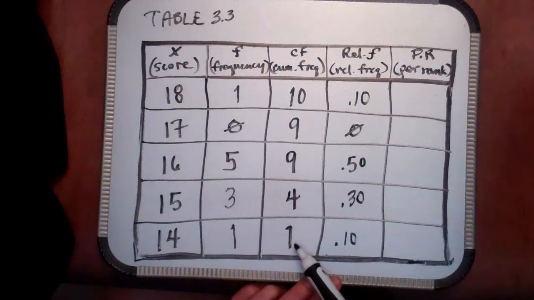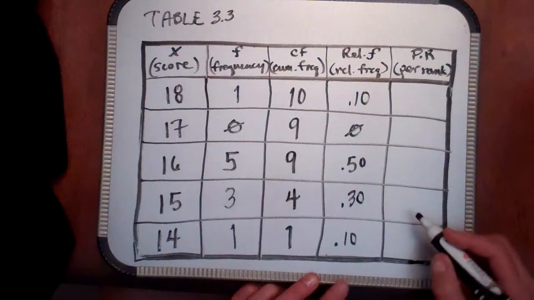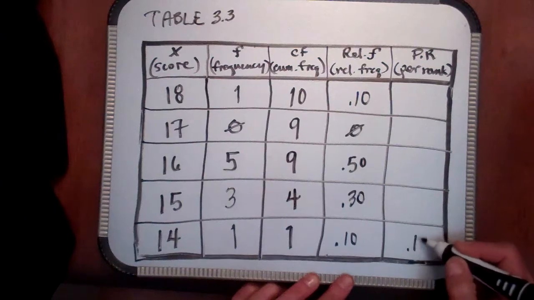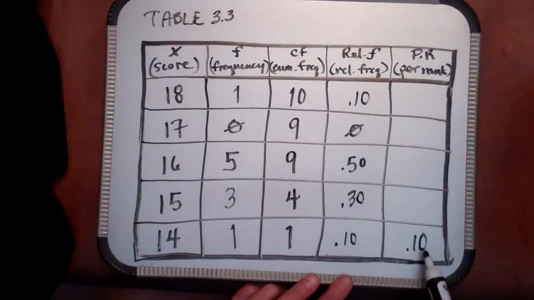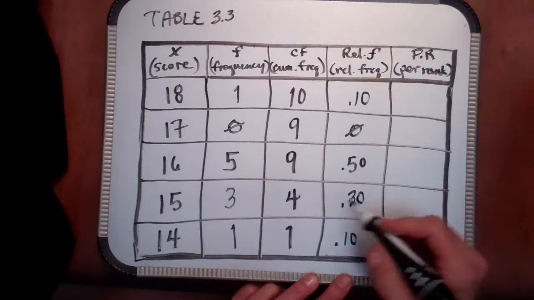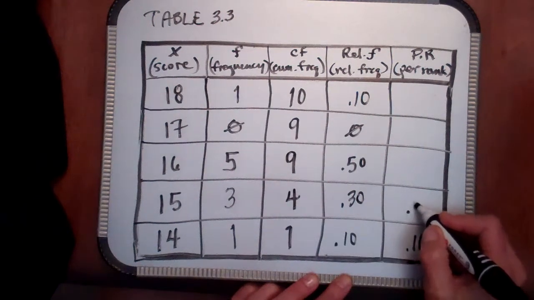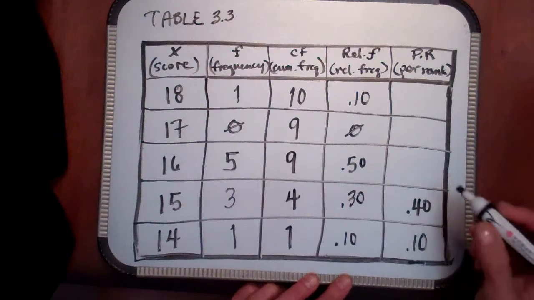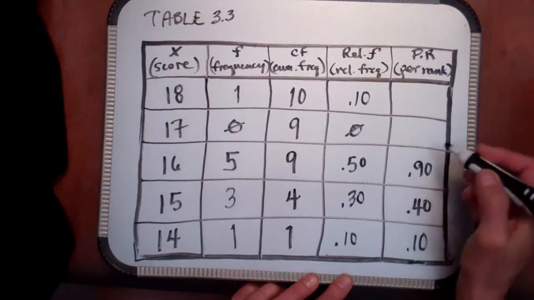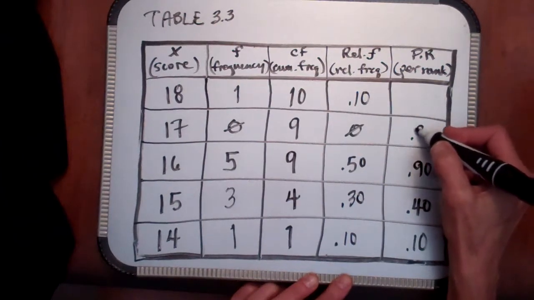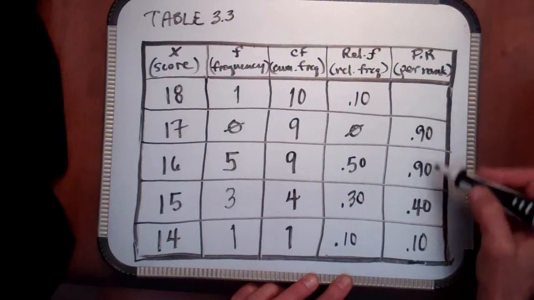Now, percentile rank is calculated a little bit differently. Percentile rank is the cumulative frequency divided by the total number of cases observed. So in this case, of course, cumulative percentile rank here is 0.10. Percentile rank here is 4 divided by 10, which is 0.40. 9 divided by 10 is 0.90, and it's the same for age 17, even though that didn't occur.